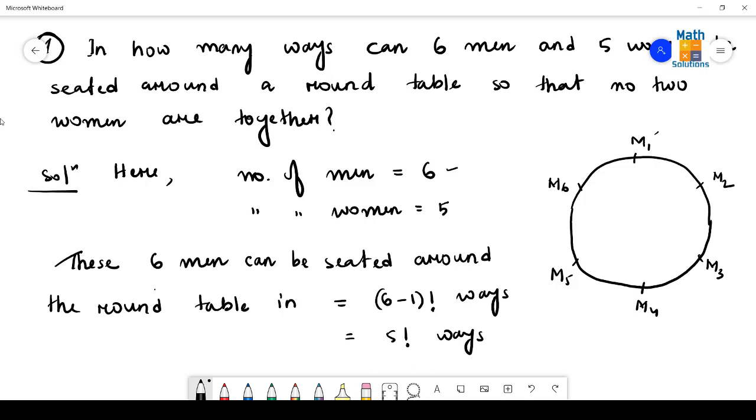After that, let us come to the condition that no two women are together. It is very clear that these are the gaps in between 2 men: first gap, second, third, fourth, fifth, sixth. So among these 6 gaps, these 5 women are to be arranged so that no 2 women can sit together.